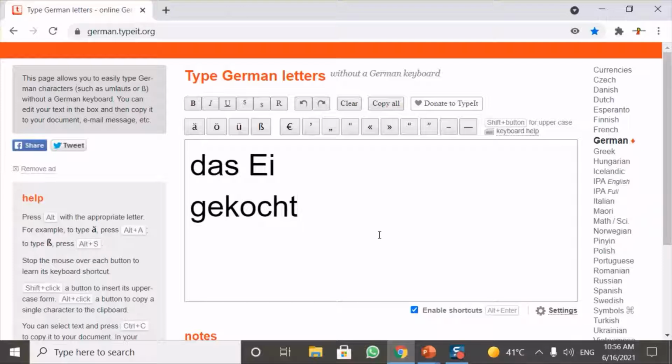So cooked, or even in the sense of boiled, we use this word gekocht. So that is how you can remember that a boiled egg is das gekochte Ei.